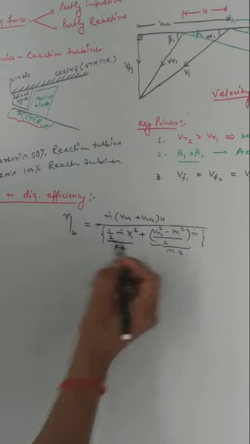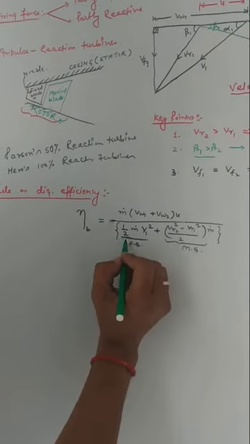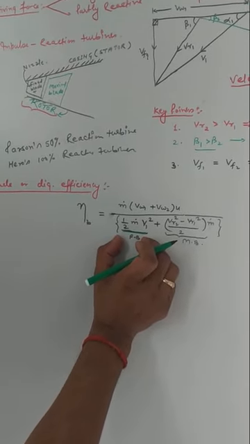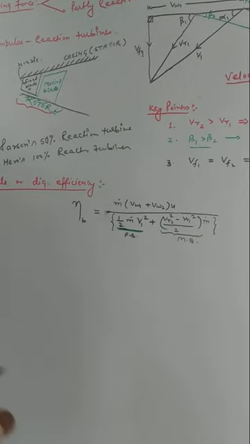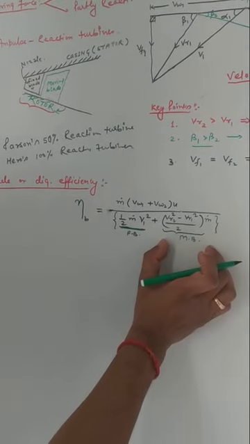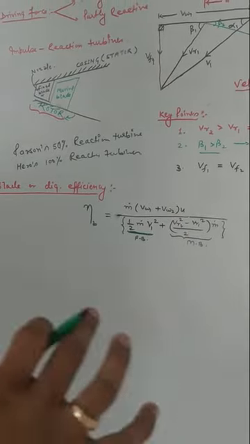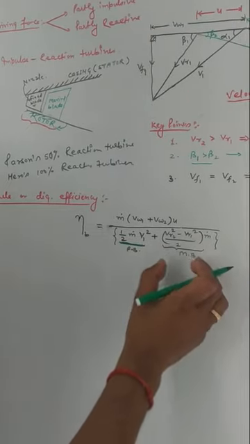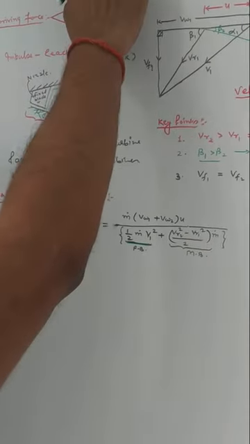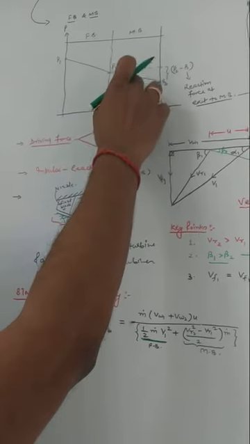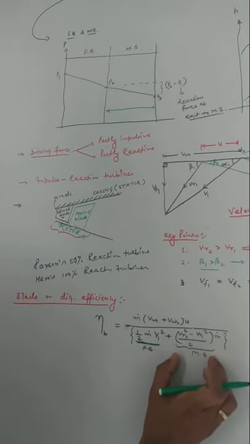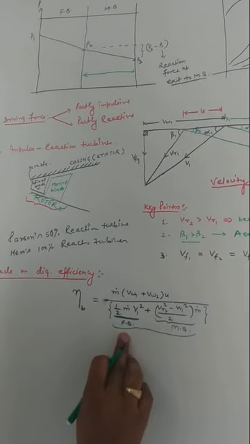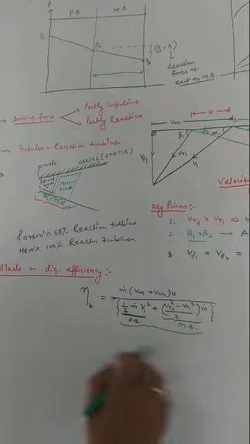This is the energy supplied in the fixed blade, because in the fixed blade there is a nozzle, so the energy available is kinetic energy, and in the moving blade the energy available is kinetic energy also, because there is a pressure drop also. At the expense of this, the moving blade also has a change in kinetic energy. So the total energy is the summation of the kinetic energy at the fixed blade and the kinetic energy at the moving blade.